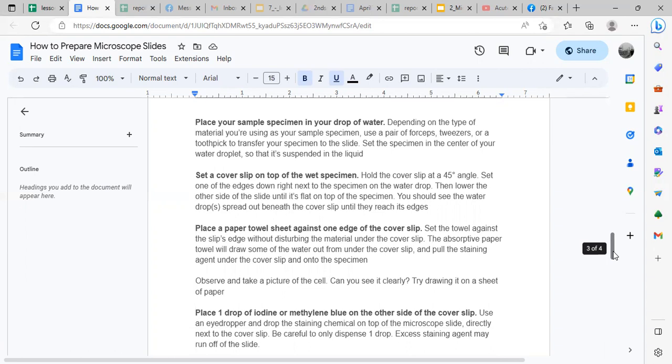If it's not placed properly, there will be bubbles. You might think it's part of the specimen, but actually it's air bubbles. So slowly lower your cover slip. You can use a paper towel to absorb the excess liquid.